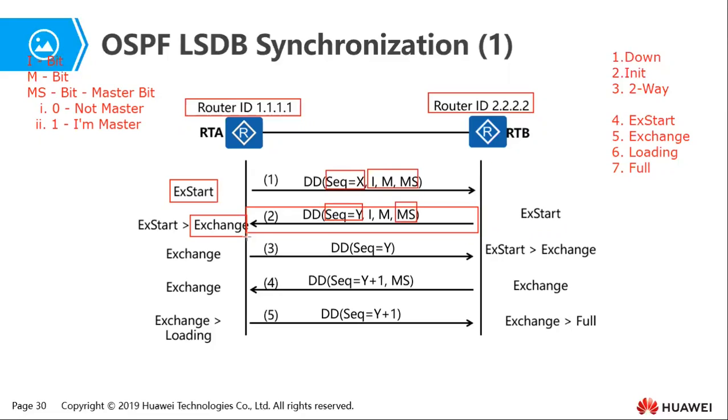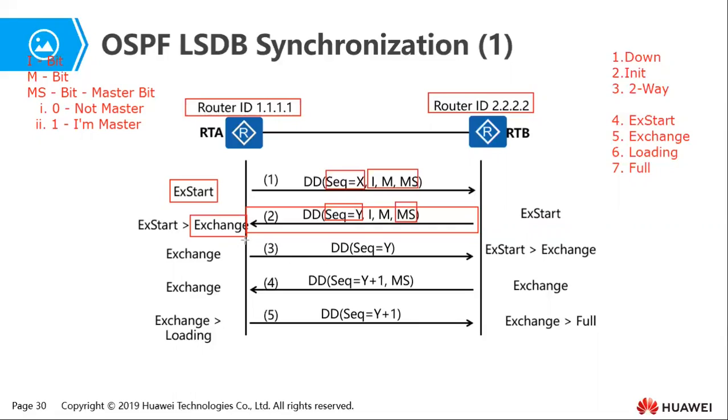Now, in the exchange state, the routers will exchange DDD packets containing the link state summary information with the neighbor. After RTA receives this particular DDD packet, it will look at the router ID of RTB and see that this guy has a better router ID.